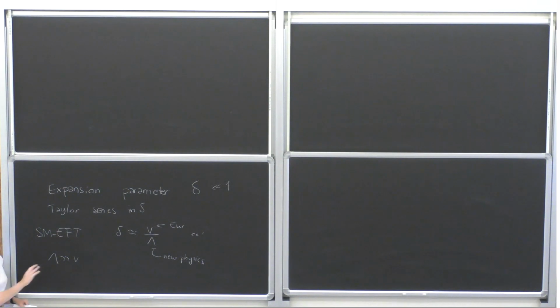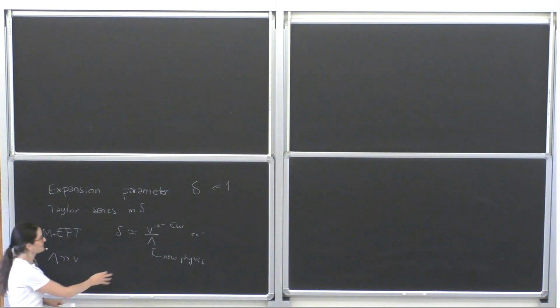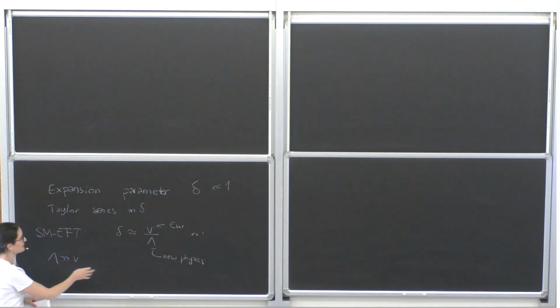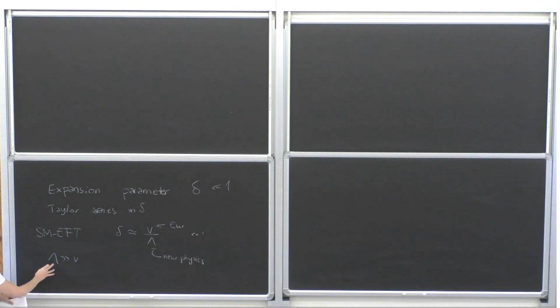What does this mean? The number, no one knows. So it could be a few TeV, it could be 10 TeV, it could be 100 TeV. The thing is, the physics is going to go like this ratio, so we don't want it to be too small, right? But the assumption holds as long as this is reasonably, let's say, smaller than 1.